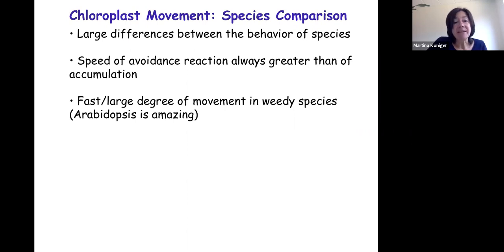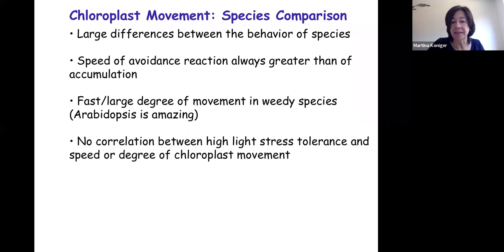And not surprisingly, what we found is many weedy species that are opportunistic, that you find in disturbed areas, seem to be very good at moving their chloroplasts. But we had a hard time figuring out exactly what was going on there. And it's probably because we looked at 11 different species, right?